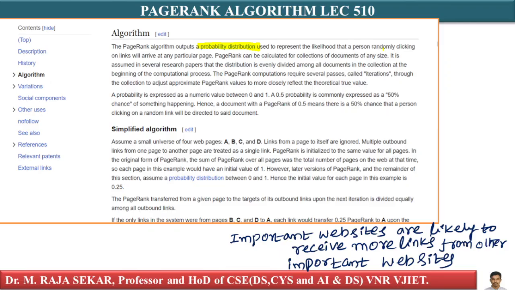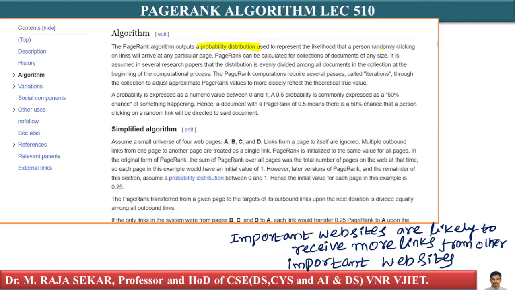The other way of looking at it is this. Algorithmically, the PageRank algorithm gives a probability distribution across all the vertices, all the nodes.